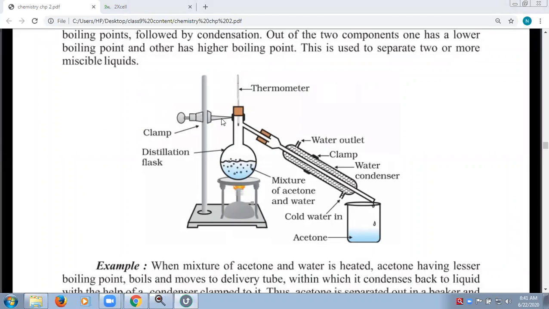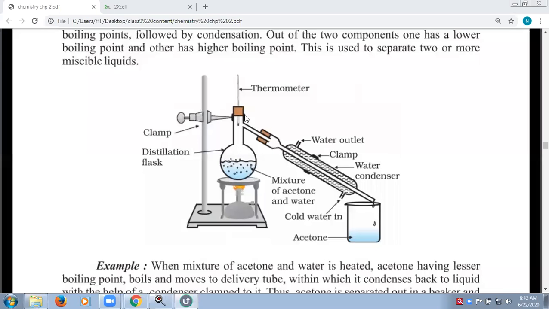It is clamped properly with the help of the stand. This distillation flask is kept over the wire gauze on a tripod stand, and there is a source of heat. A thermometer is inserted to measure the temperature, or the boiling point, of the liquid.